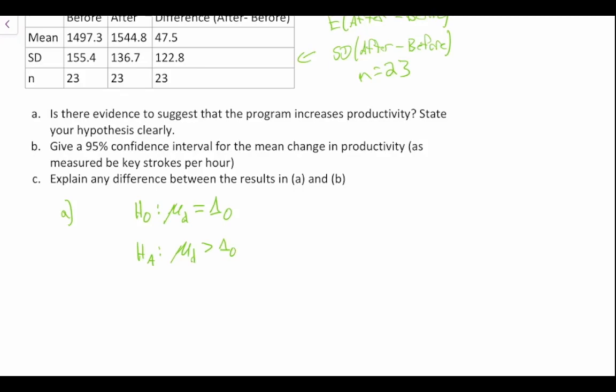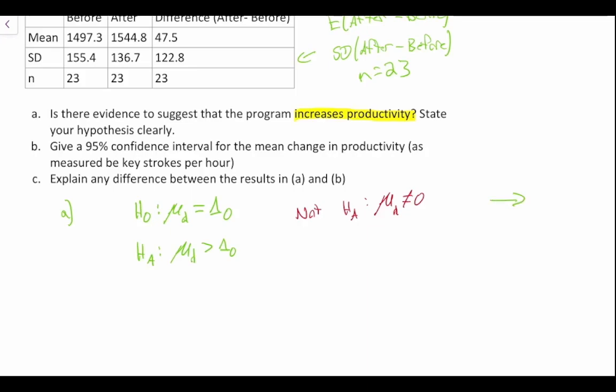Now the reason we're saying it's greater than, and not HA does not equal zero, is because the question is saying, is there evidence to suggest that the program increases productivity? Okay, so when we see increases, we're thinking of a one-tailed test.